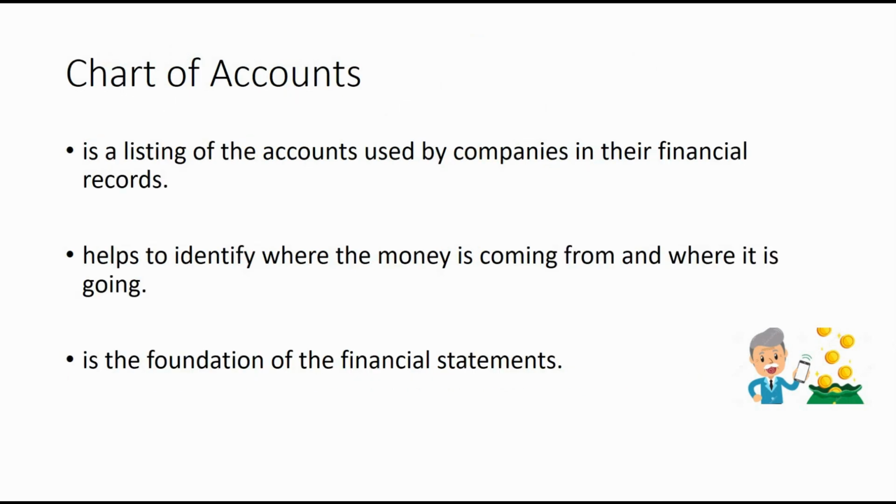So for some list of accounts na hindi ko nabanggit is I will be giving you a chart of account. So a chart of account is a listing of the accounts used by the companies in their financial records. So it will also guide you and help you to identify where the money is coming from and where the money will go. So this is the foundation of the financial statements.